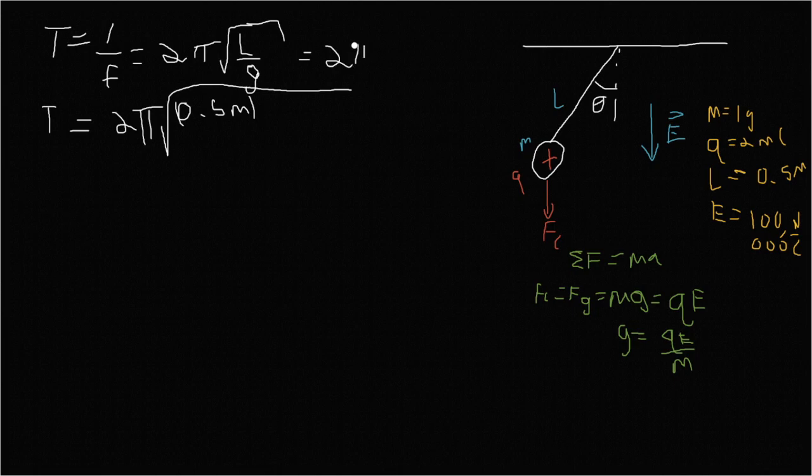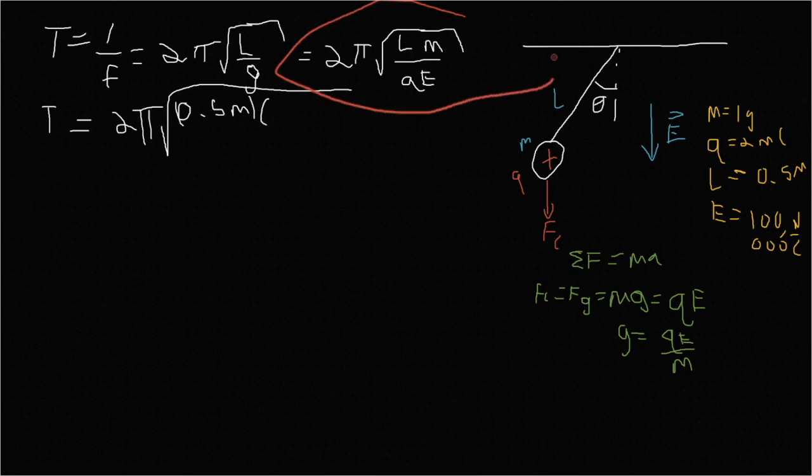This is going to be the square root of L times, well, it's over g, so QE is actually going to be on the bottom: Q times E, and then multiplied by m. So now we can properly substitute our variables into this equation.